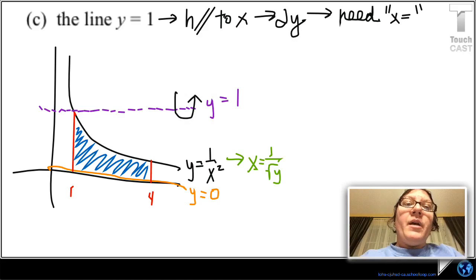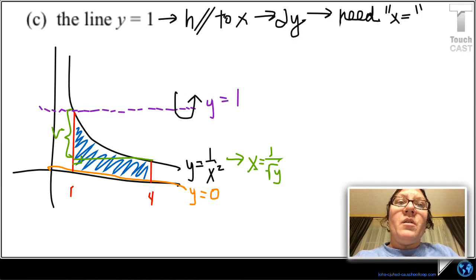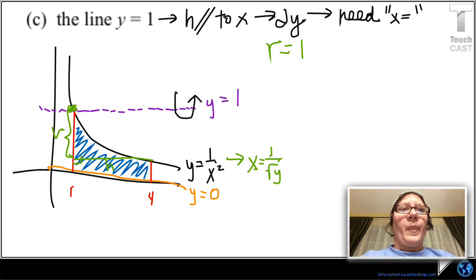So now I'll draw in my height parallel to my x-axis, and then my radius has to connect from spin to height. So there's the radius, this of course is the height. And so now to find each of them, my radius is top, which is 1, minus bottom, but this bottom is going to be some y value.